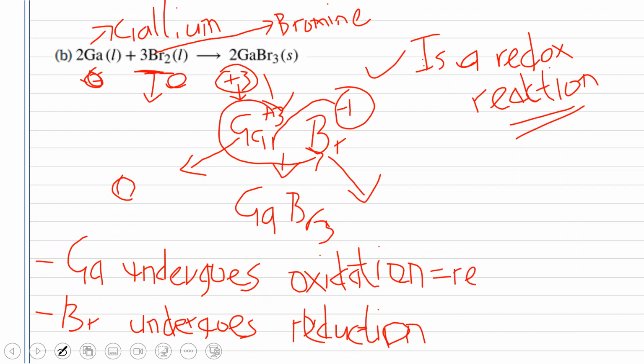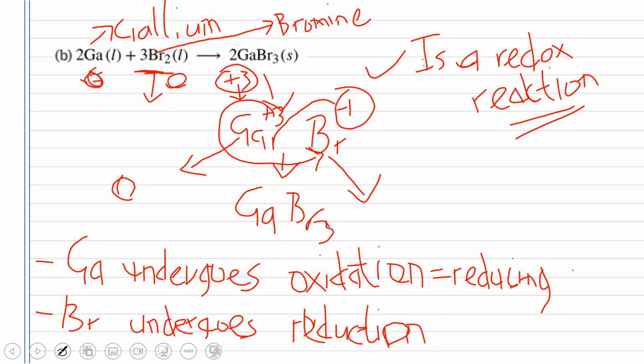The reducing agent. It's called a reducing agent. It happily gave away its electrons. It lost the electron. So it was helping bromine to undergo the reaction.